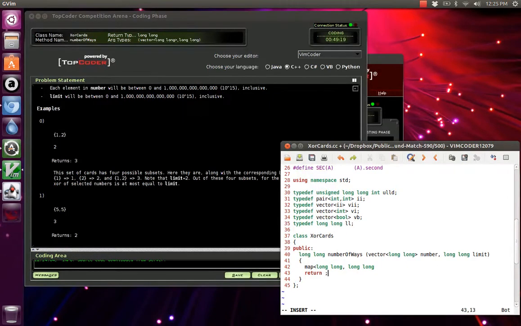I think I solved this problem, but it was really slow, so I did not submit it. So I had a map that takes a long and returns a long, but what was it for?